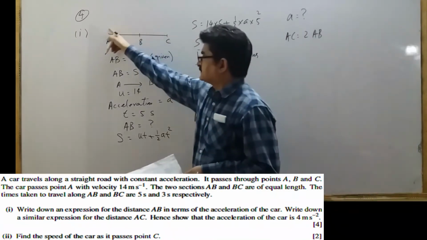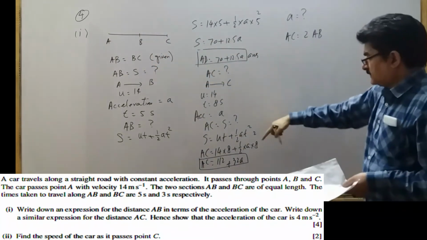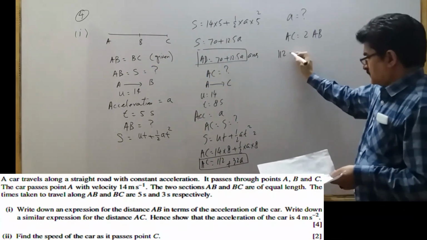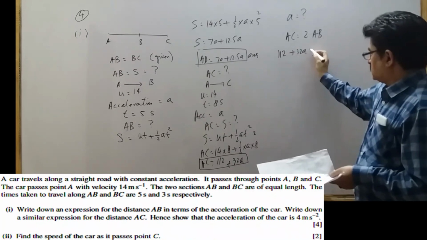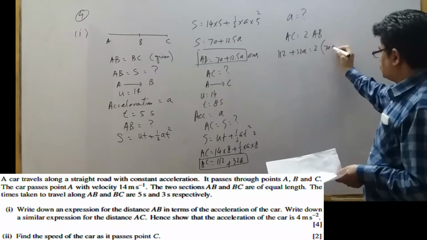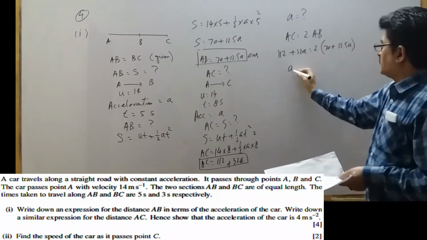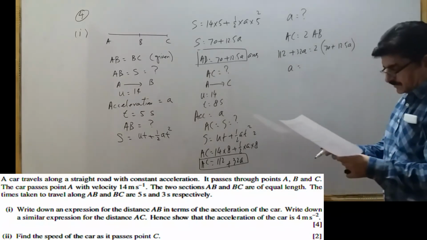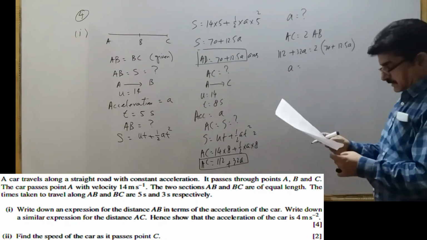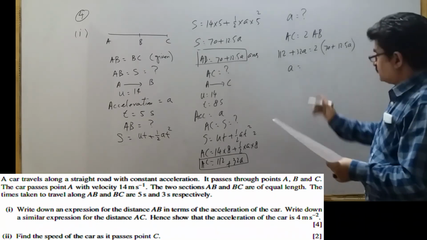So this total distance will be double of this because they are equal. Putting the values we have found already, this is 32a equal to 2 into AB. AB is 70 plus 12.5a. You simplify it, calculate a yourself, you will get a equal to 4.